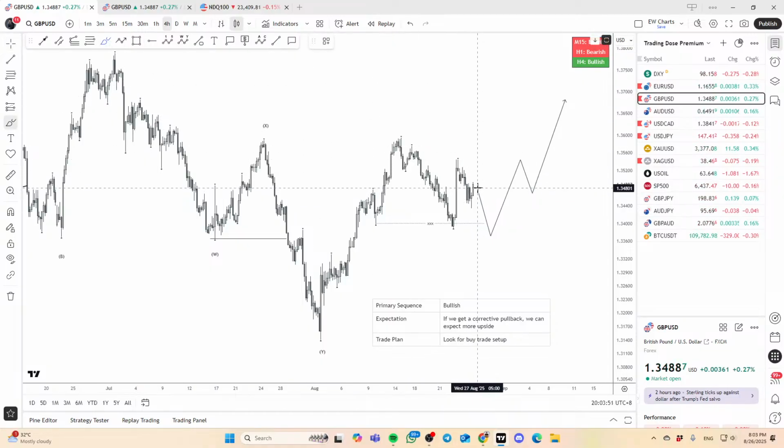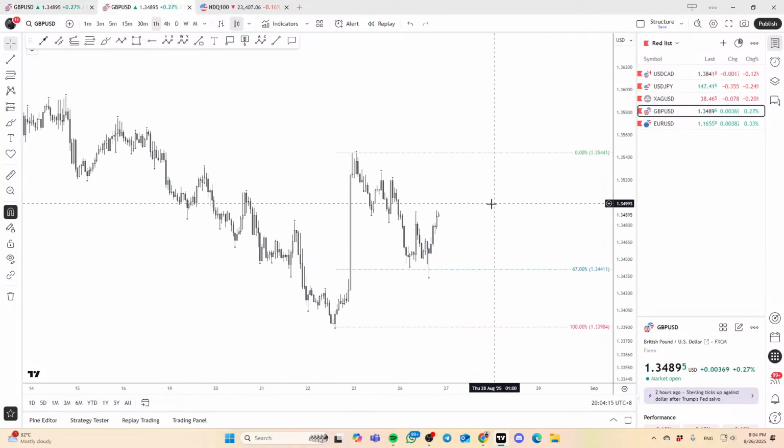So that gives us the odds where this can start to go higher from here on. Nonetheless, as I mentioned, both the euro as well as the pound, we are essentially looking at upside potential, and you want to be focusing on the buy trade setup, right? So any sort of a corrective pullback naturally can be seen as an opportunity to get involved in the upside.